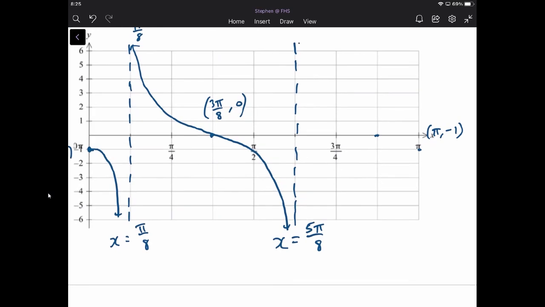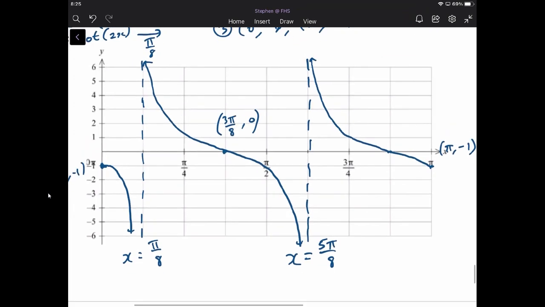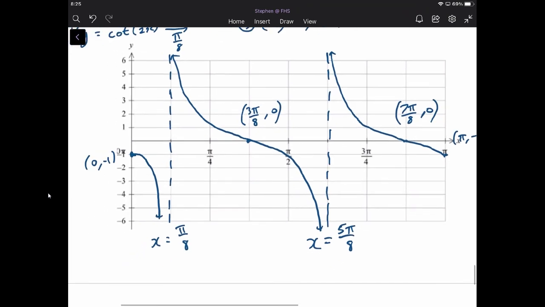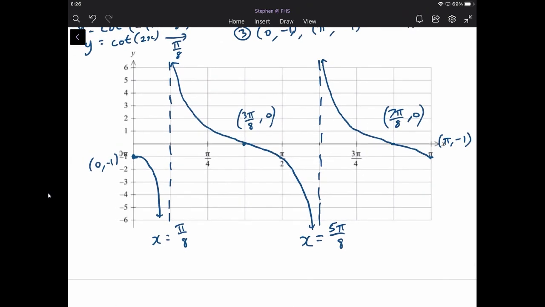And finally, it comes down like this, like that, and ends on that endpoint. And there we go. So that one right there is 7 pi on 8 comma 0. And there we go. That is the graph of cot of 2x minus pi on 4 with all the translations there, the endpoints, the asymptotes, x-intercepts, etc.